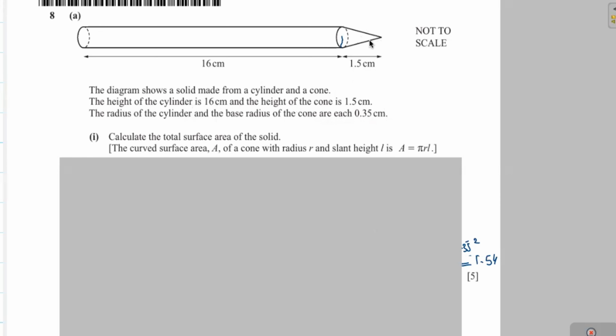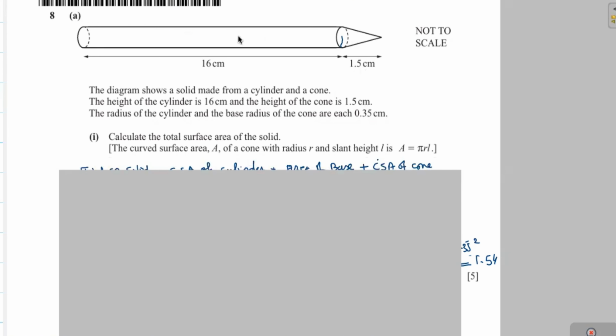Look here, this solid having two parts. One is cylinder, other is cone. Therefore, the total surface area of this solid will be equal to curved surface area of cylinder plus curved surface area of cone plus this area.